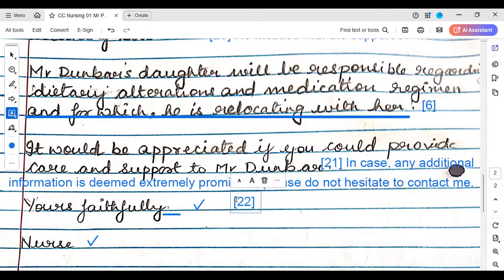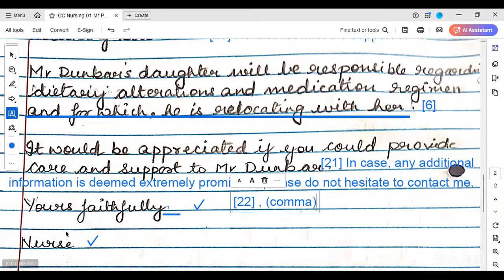So place the comma. It's just very minute, but I have to put a comma here.